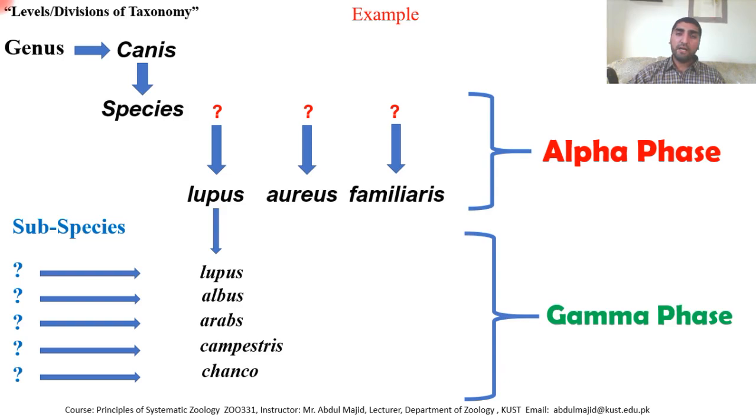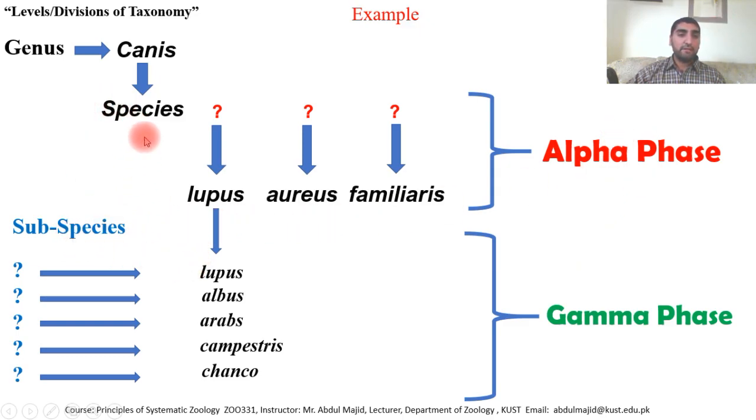Now you see, I told you that not every group has a gamma phase. Those groups where there are subspecies have a gamma level, and if there are no subspecies, there is no gamma level, and there are then only alpha and beta levels. When you are studying at subspecies level, this is gamma phase and this is microtaxonomy. So both alpha phase and gamma phase are microtaxonomy.